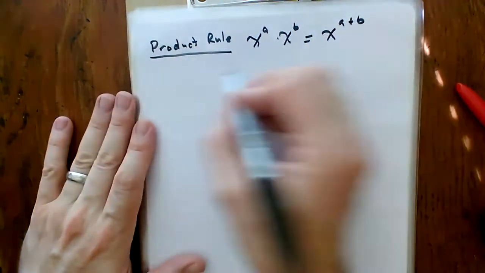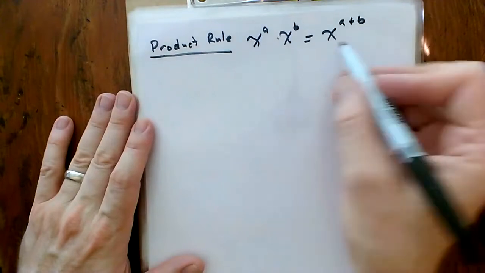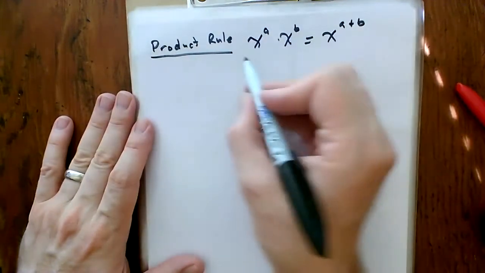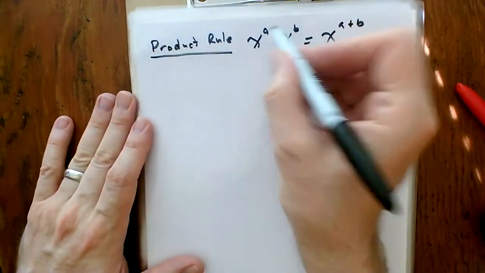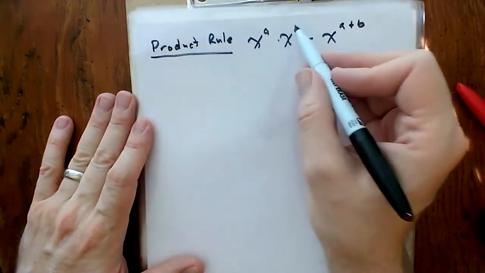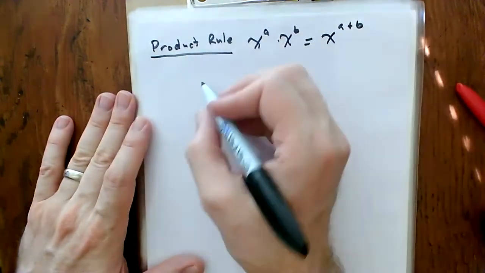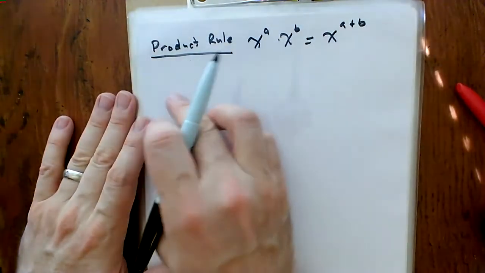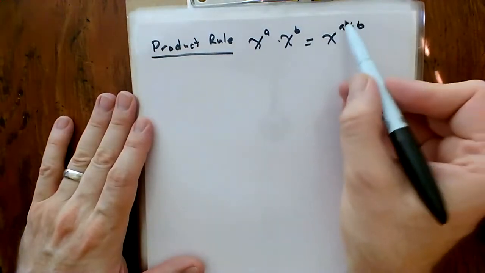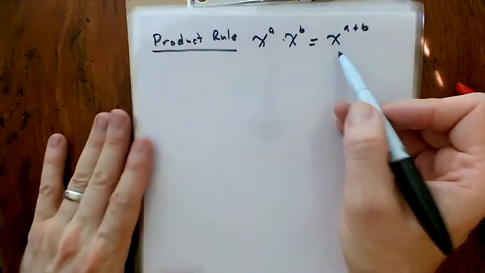And the reasoning here is fairly straightforward. Because this is repeated multiplication, this is just more repeated multiplication. So I will just have this many total multiplications of that base.